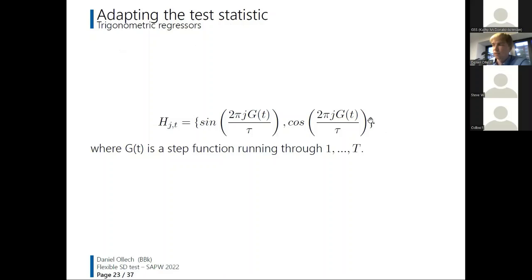An alternative, and maybe a more straightforward alternative indeed, is to use trigonometric regressors. So combinations of sine and cosine terms, which for integer seasonal series are indeed equivalent to the seasonal dummy variant if you have the same number of regressors.